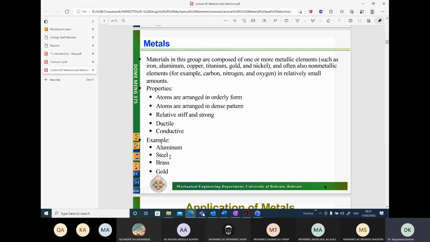For example, in your materials engineering course, you might have learned something about solid solutions. What is a solid solution? Do you recall it? You take different metals, melt them, and mix them together.